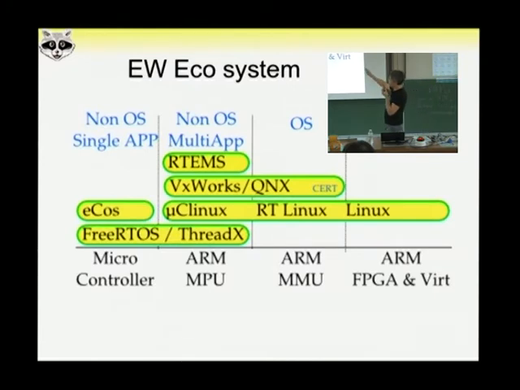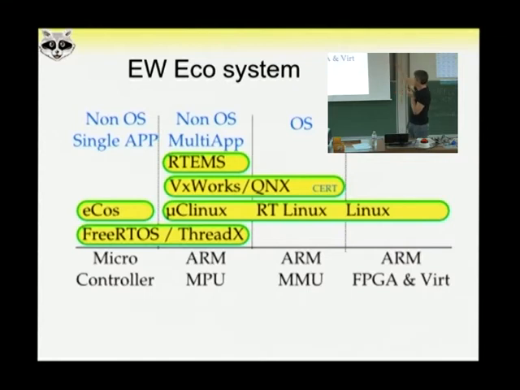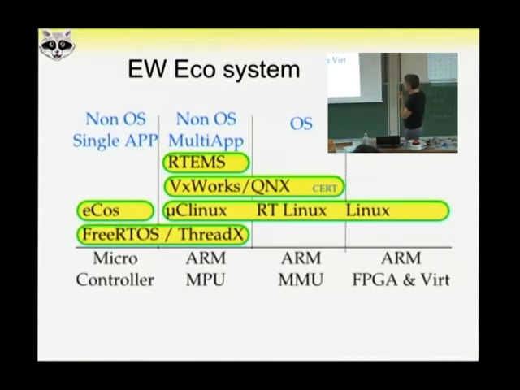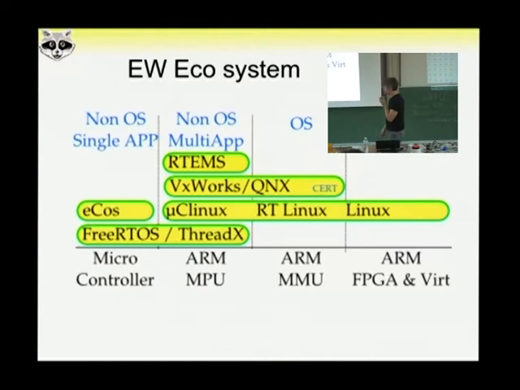The higher you go in the chain, the harder it gets. Interestingly, if you go higher, you start using other hardware, FPGAs, or virtualization. Again, it becomes possible to run a full OS, but do the real-time part on a different core or a different part of the hardware. So that's what we discovered there. We didn't have matching clients after Embedded World. Still, it was quite awesome to be there and to learn about all that stuff.